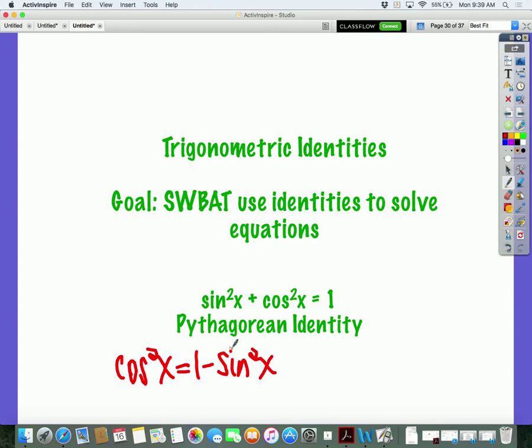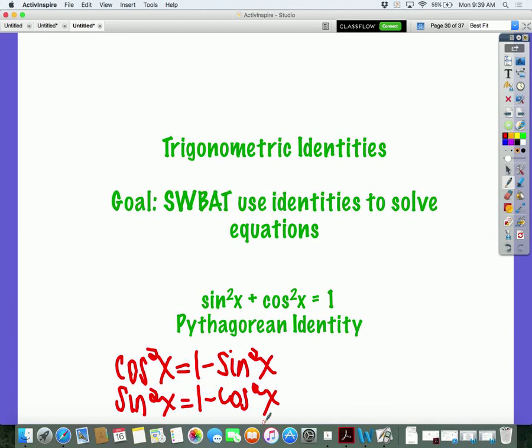This is also the Pythagorean identity, just rewritten, solved for one of your particular trig functions. Sine squared x equals 1 minus cosine squared x. So you can take that one Pythagorean identity and derive 2 others. Don't think that that is the only set form.